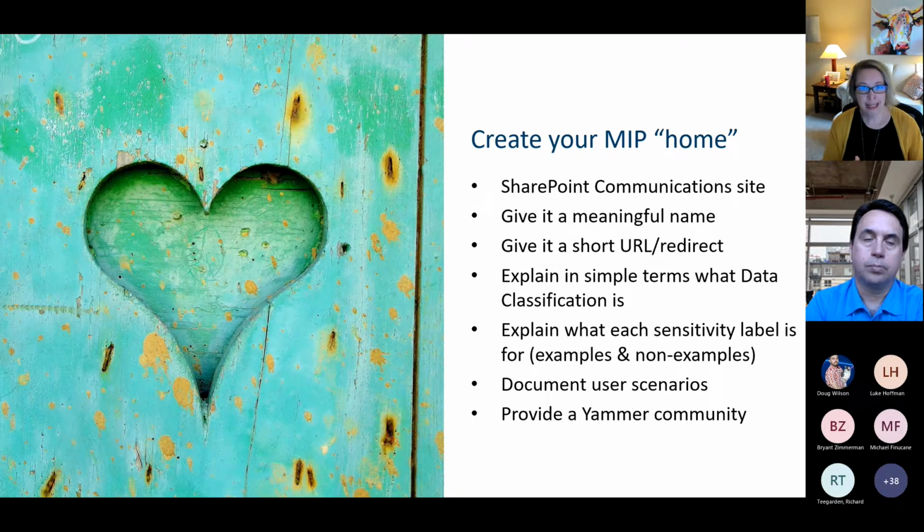You also want to provide non-examples for each of your sensitivity labels. Providing both examples of what falls within the scope of a sensitivity label and non-examples of things that fall outside the scope of that sensitivity label will help your users to be able to more closely crystallize on when to use each sensitivity label.